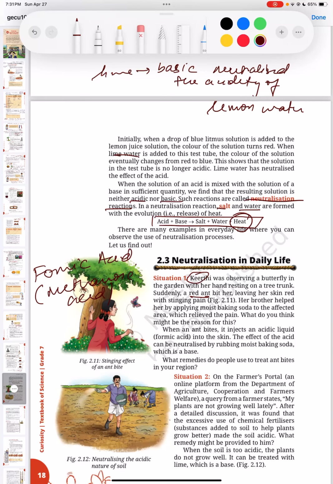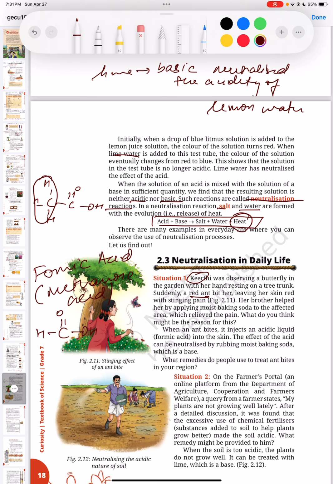Methanoic acid is basically HCOOH. Remember, ethanoic acid is like an elder brother to this, right? So ethanoic acid or acetic acid is CH3COOH. And here this part is missing essentially. So this is methanoic acid.